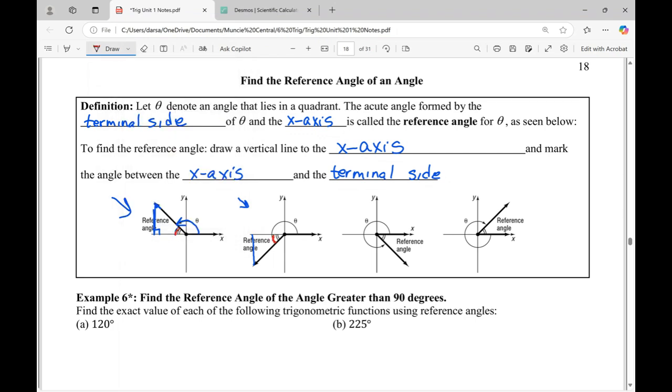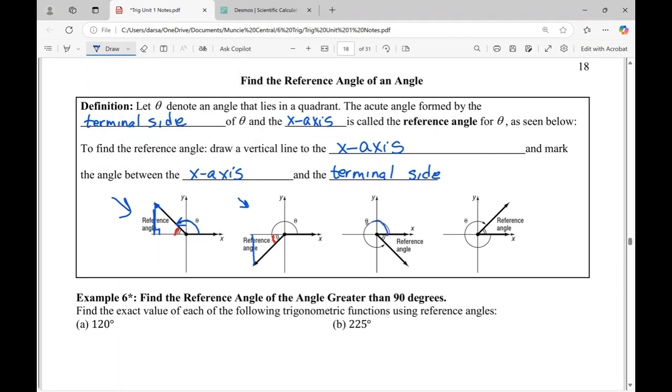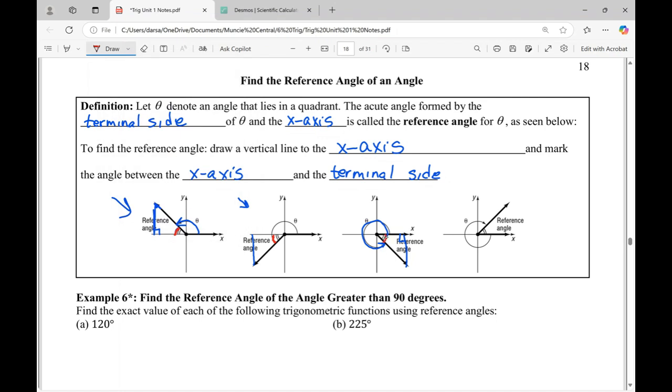If we look in the fourth quadrant, here's the full angle, but if we connect the terminal side to the x-axis with a vertical line, we can see that the reference angle is this little guy. It's always next to the origin in the triangle that is connected to the x-axis from the terminal side. So these are all reference angles.